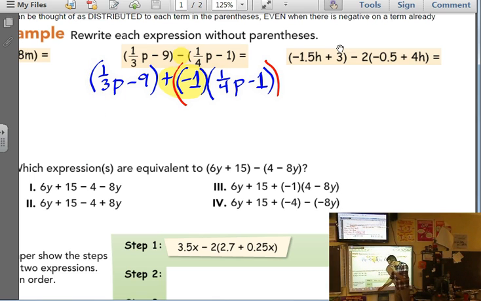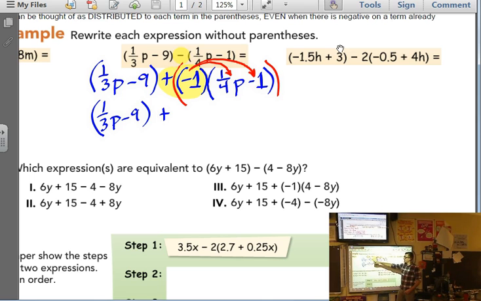So now we distribute. We apply that negative. The -1 comes to the 1/4 p. This is where people make their mistakes. The -1 comes to the already -1, which is going to turn into addition. So again, none of this has changed. We have 1/3 p minus 9.